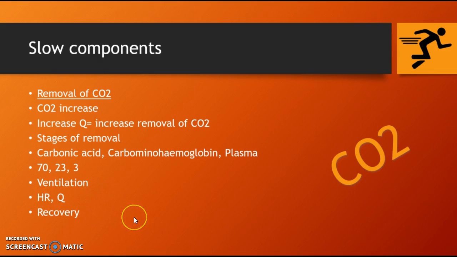Our heart rate needs to be increased as well, so we can remove more CO2 during exercise. Once CO2 is being released after exercise, we still need very high ventilation. We need to maintain our heart rate and cardiac output so that we can fully recover.